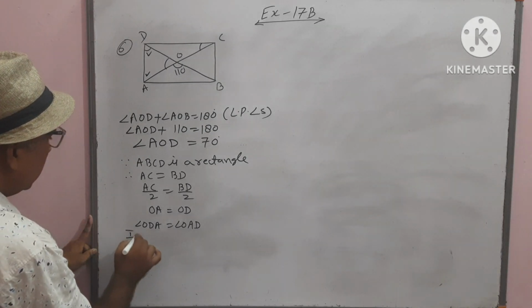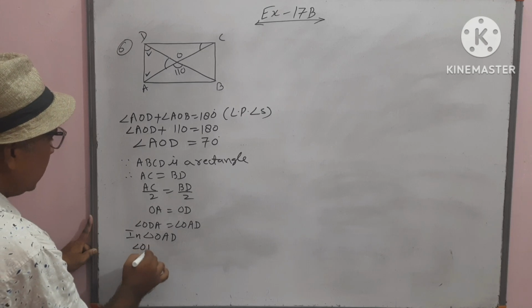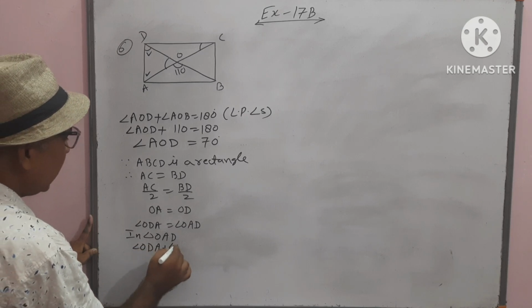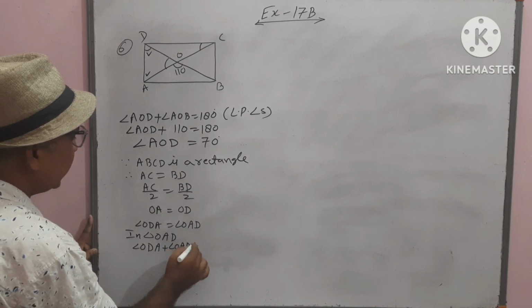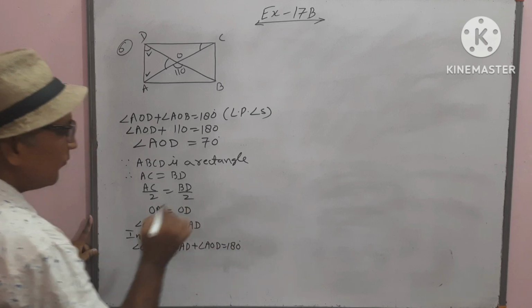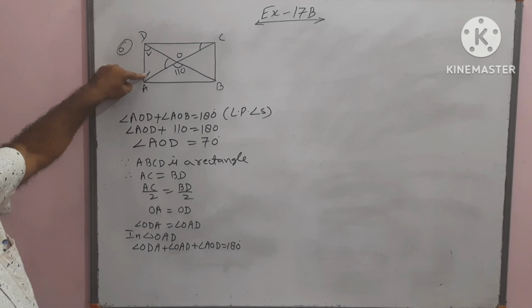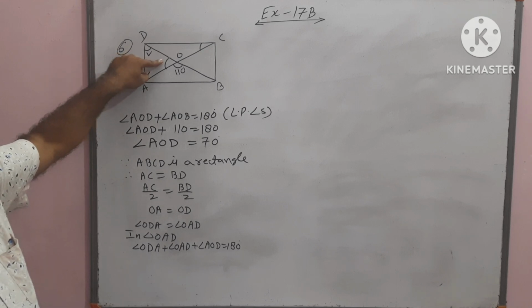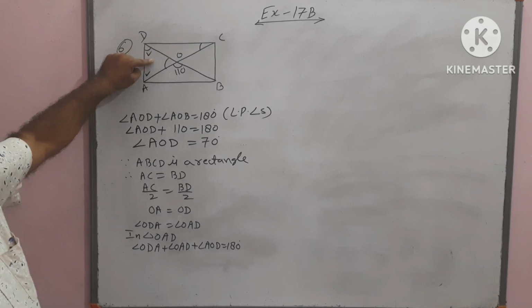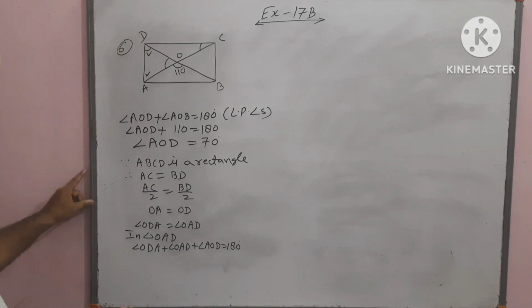Now, in triangle OAD, sum of the angles is always 180. Angle ODA plus angle OAD plus angle AOD is equal to 180. Because in a triangle, sum of the three angles is always 180.